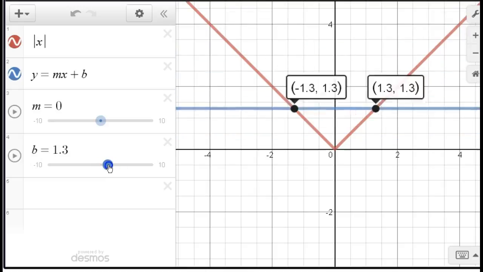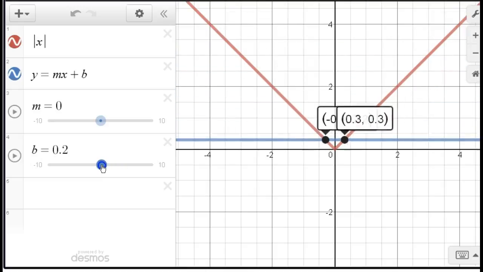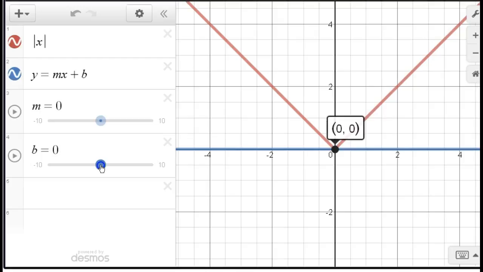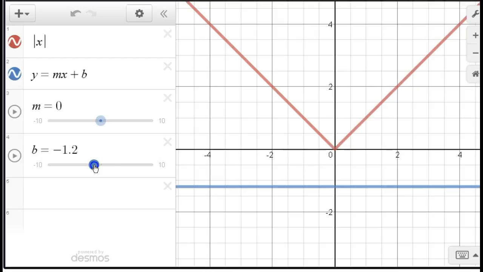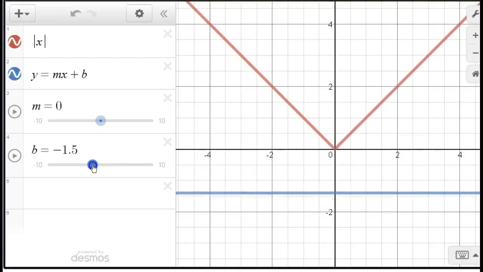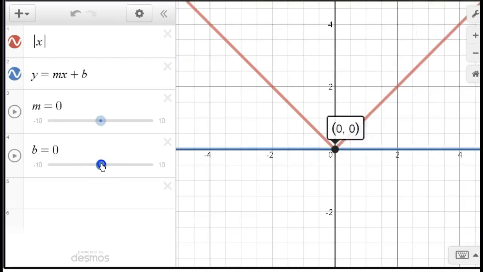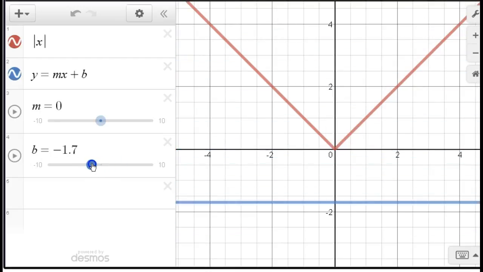So most of the time we do have 2 answers. But if the line intersects at the vertex, there's only 1 answer. It's also possible if the horizontal line is below the graph that there's no solution at all. So you have 3 different types of answers: 2 answers, 1 answer, or no solution.